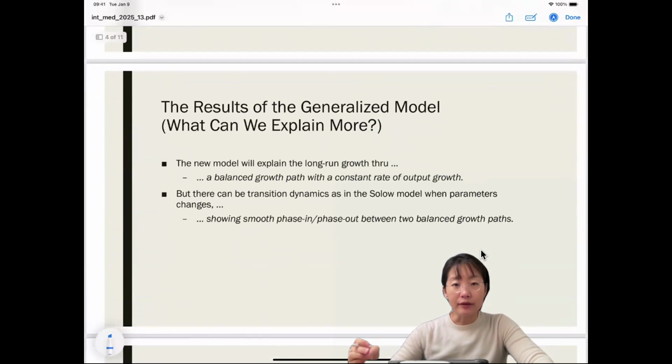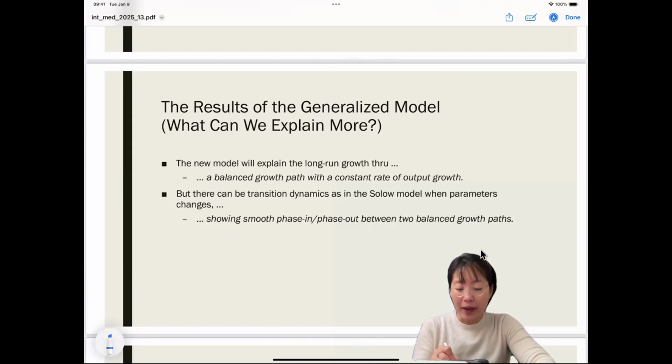Now this new model will explain the long-run growth of an economy through a balanced growth path with a constant rate of output growth. So we have talked about this in the Romer model.